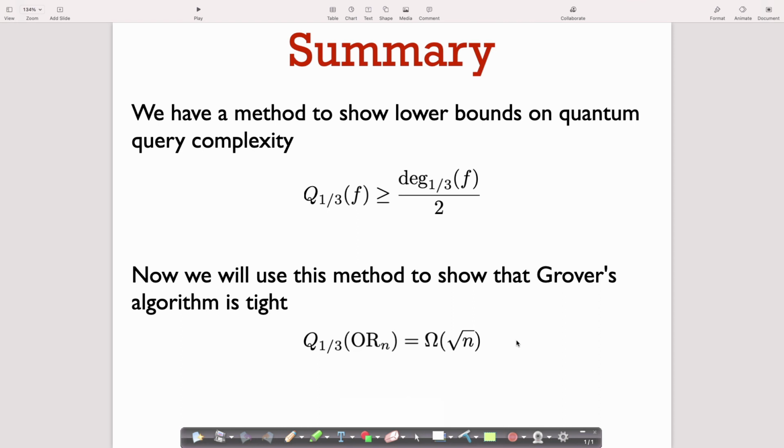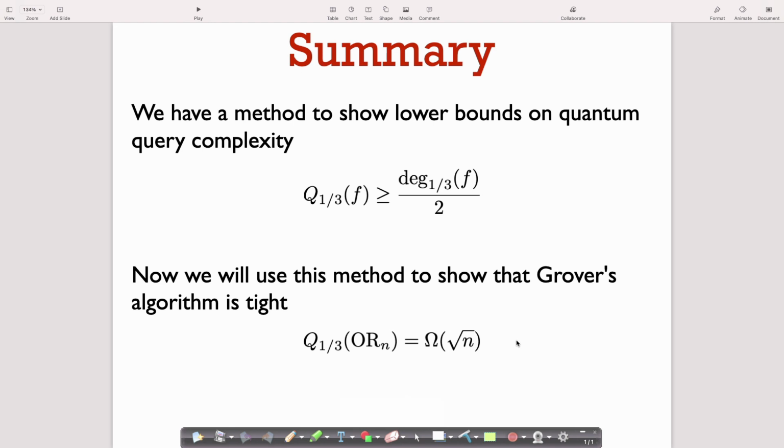So that is the polynomial method. We showed that if a quantum algorithm computes a function f with error at most 1/3 by making capital T many queries, then there is an approximating polynomial for f that has degree at most 2T.